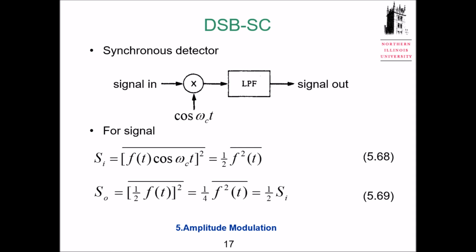My output signal is half f(t). We square this one's power, we get 1/4 of your signal power. So compared with my input, my power drops 50%, a 3 dB drop for my signal.